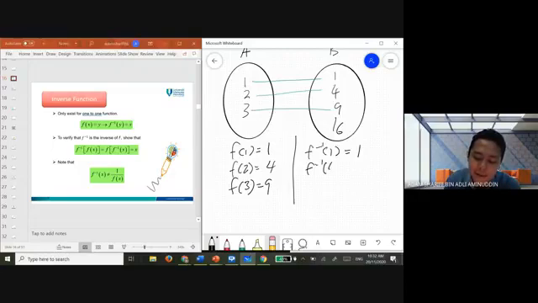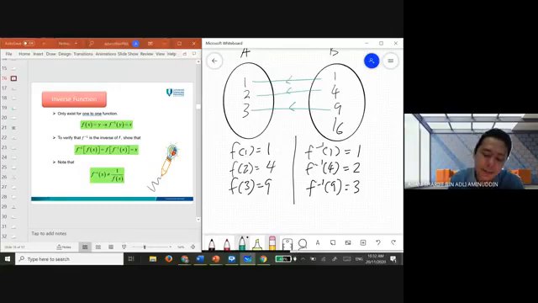F inverse 4 dapat balik 2 dan F inverse 9 dapat balik 3. So kalau dia dalam case 1 to 1, dia kalau dia terbalik, dia mesti function juga. Maksudnya, the assignment from the domain, codomain right now must be exactly to one element to the codomain. This time A become the codomain. The idea is like that.